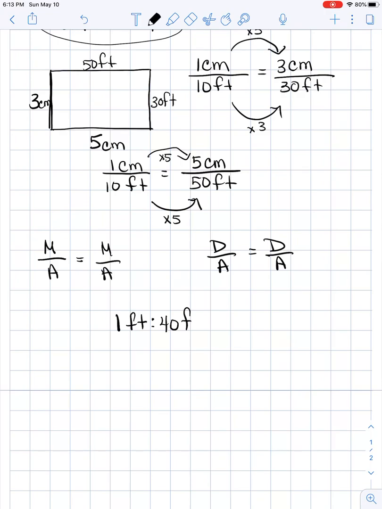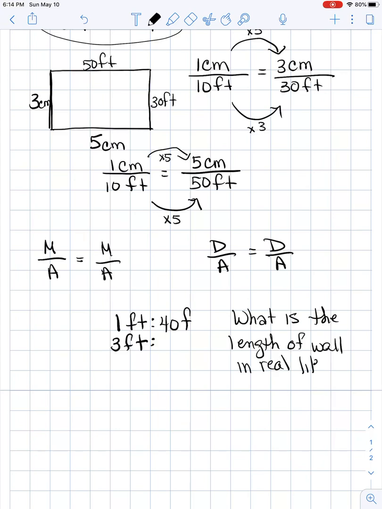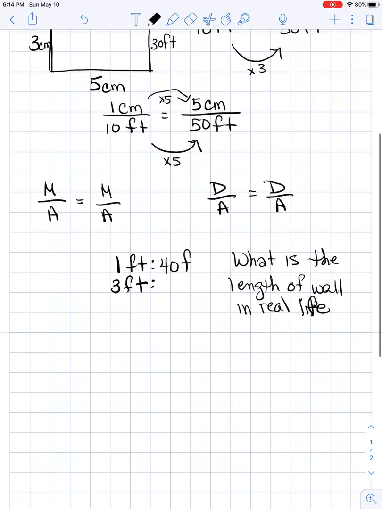And one of the walls is 3 feet long. And they want to know what is the length of the wall in real life, or the actual length.